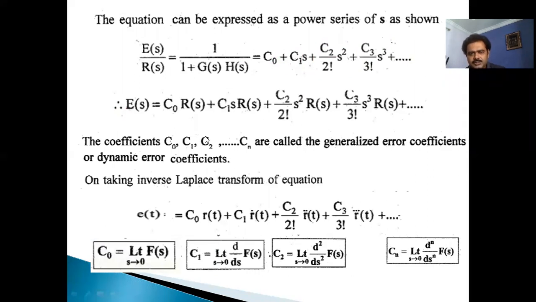Once we get the error coefficients, simply substitute these C1, C2, C3 values, and if we know the input R of t and differentiate it with respect to time, similarly, we can find out the error with respect to time. That is dynamic. This is nothing but dynamic error coefficients. Okay, so the error function with respect to time we can find out. Is it clear?